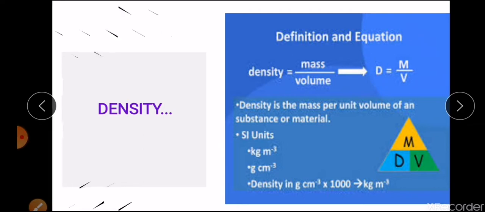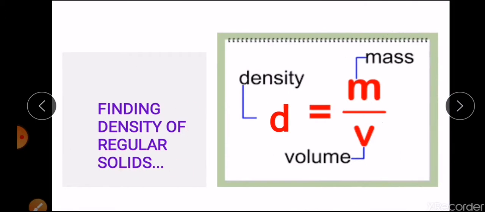Now let us see how we can find out the density of regular solids. Whatever the regular solid, if you want to find the volume, the area, or the density, you can use the direct equation. We already have direct equations for finding the volume of regular objects that we have seen in the last class.